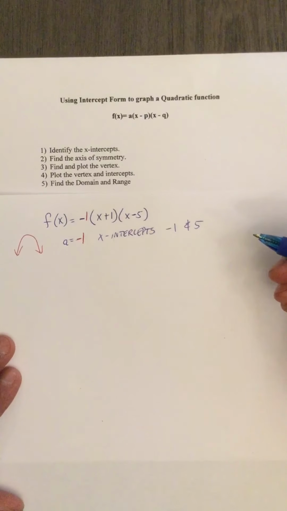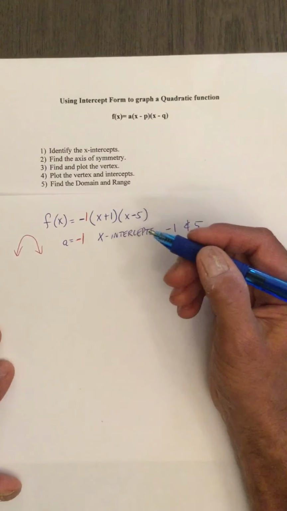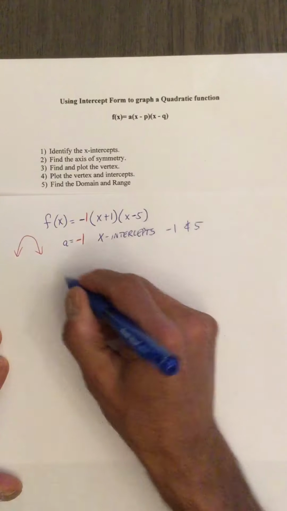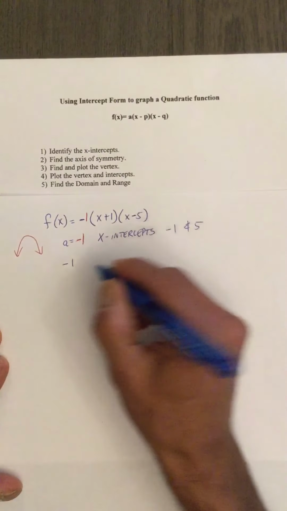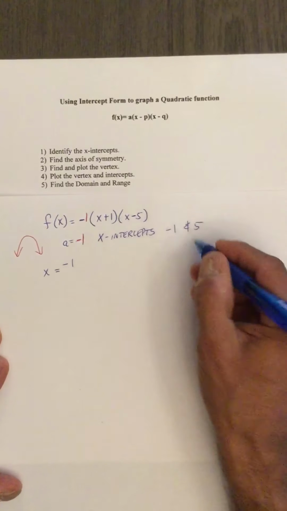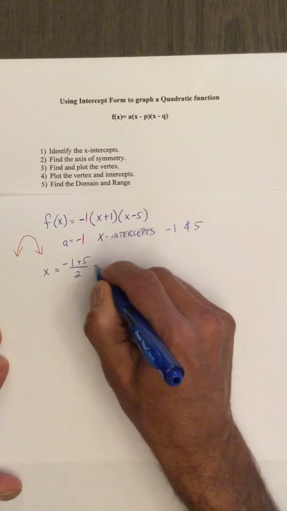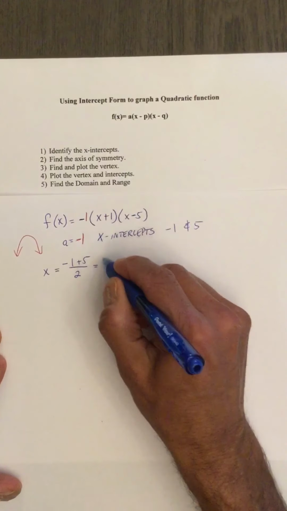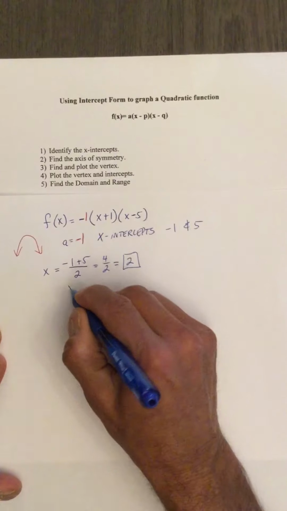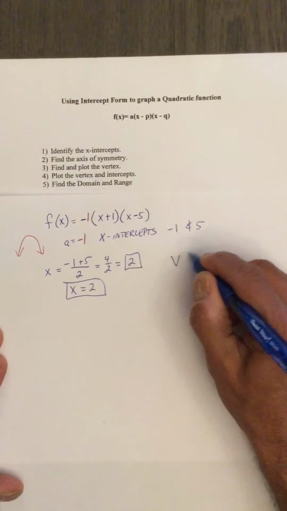Those are my x-intercepts. Now, to get the line of symmetry, you take these two numbers, add them up, and divide by 2. That gives me 4 over 2, which is 2. So my x value of my vertex is 2.